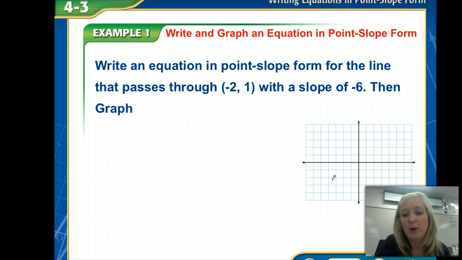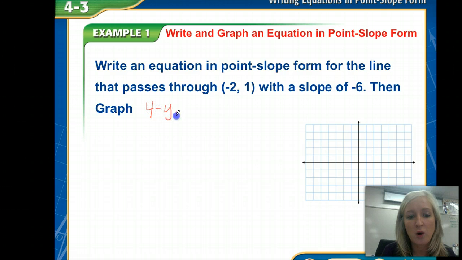Write an equation in point slope form for the line that passes through (-2, 1) with a slope of -6. So I know that my point slope equation is y minus y1 equals my slope times x minus x1. I'm always going to identify my points.